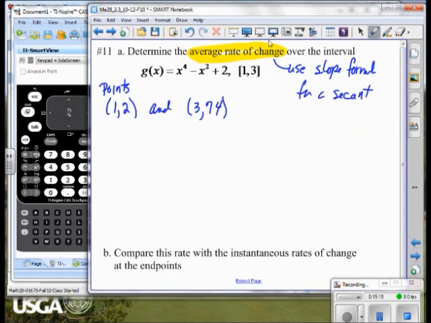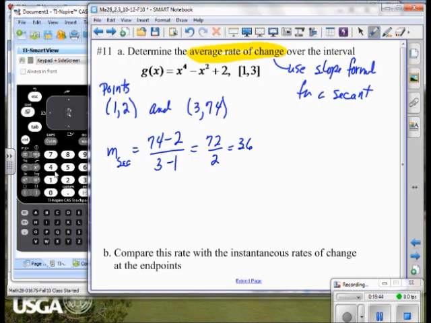Okay. So analytically, what do we need to do? Well, the slope of a secant is going to be, let's take 74 minus 2 divided by 3 minus 1. Okay. What is it? 72 divided by 2, is that 36?